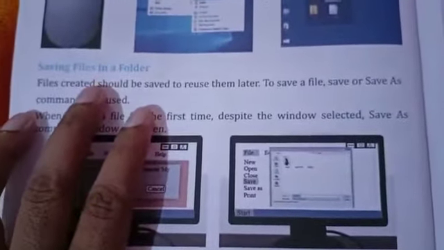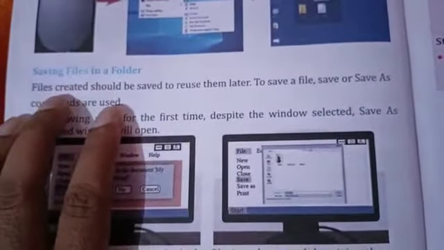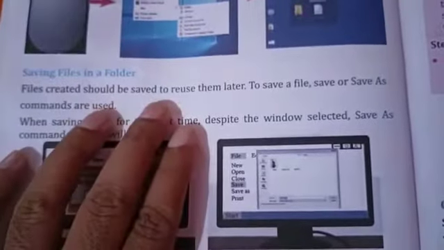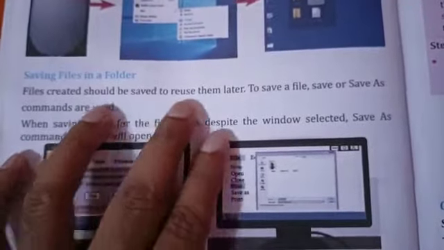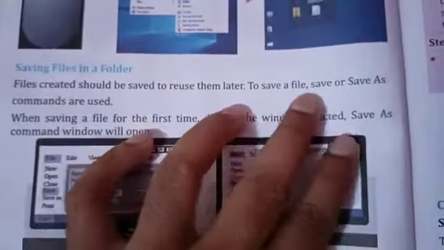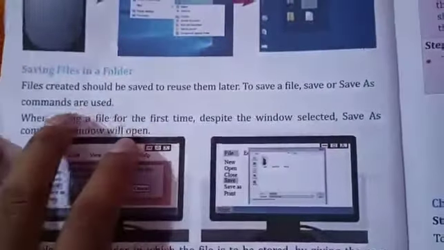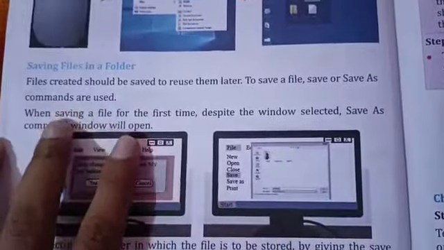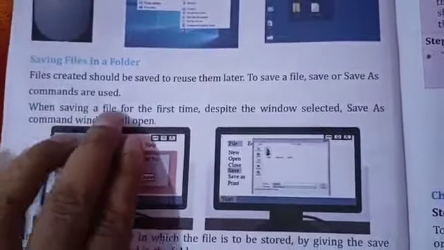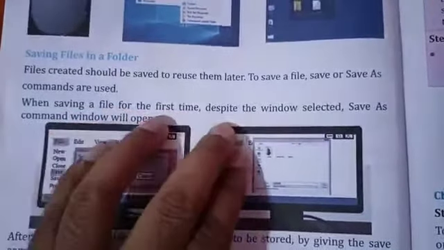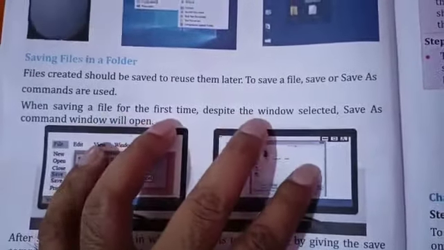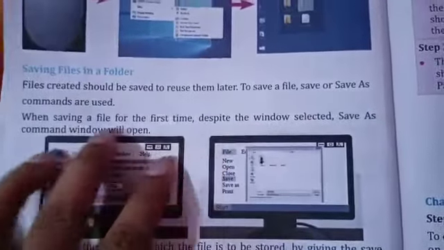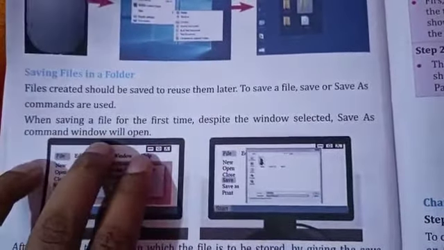Files created should be saved to reuse them later. To save a file, the save or save as commands are used. When saving a file for the first time, select the save as command. A window will open.